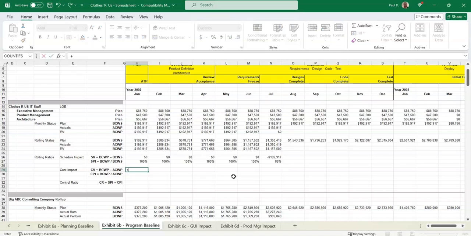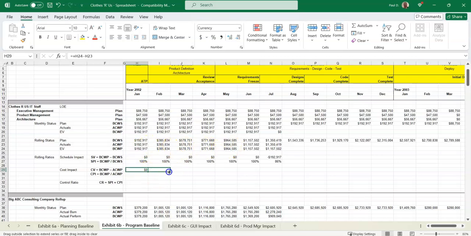So I take the BCWP and I subtract ACWP, and I get a zero cost variance, which you can see is the case from these numbers.